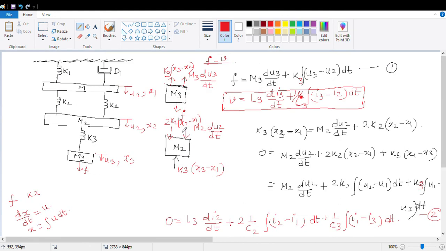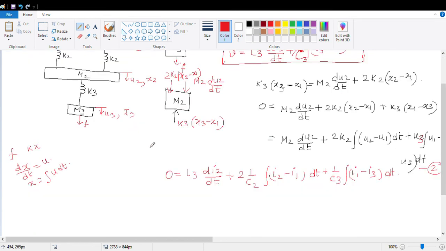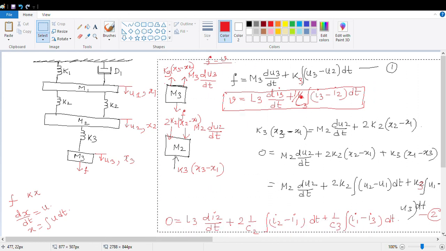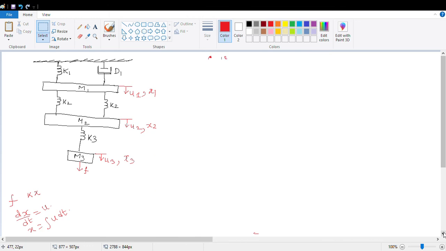Similarly, if we want to write the equation of M1, how can we write it? I am removing this part. So the final is the mass M1.